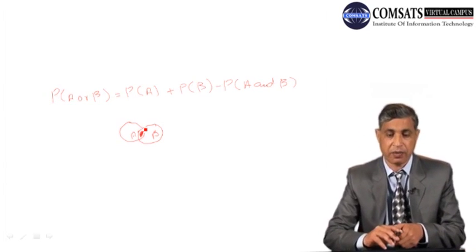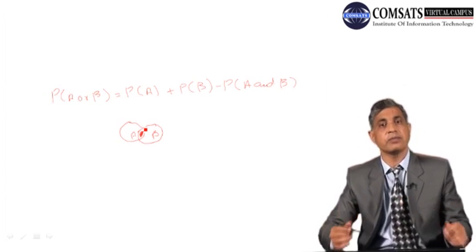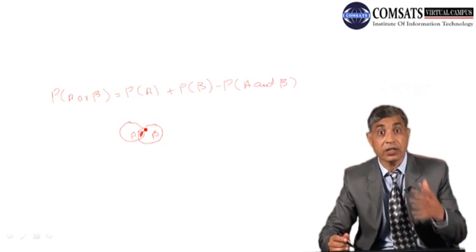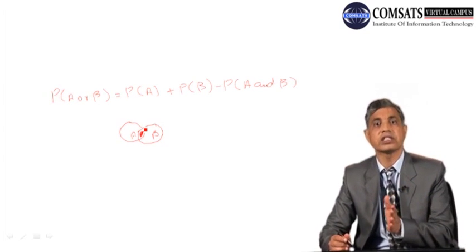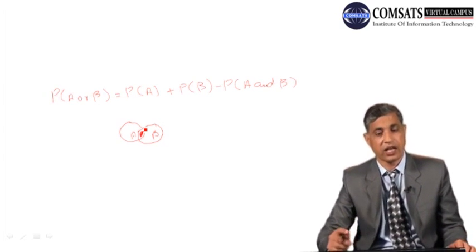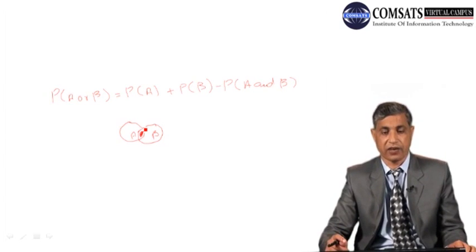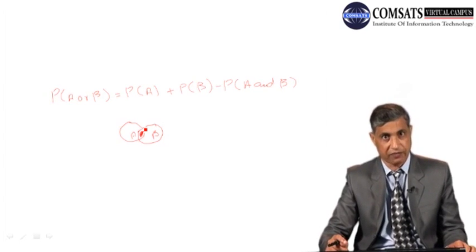This is the probability that we deduct at the end, because if we add these up, we are adding something extra. So we have to subtract this from the total probabilities that we summed, the probability of A plus the probability of B.